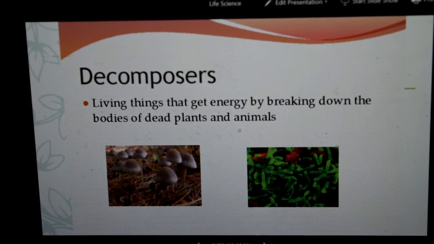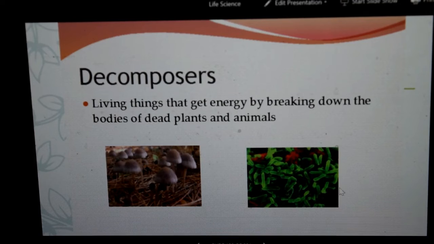That sounds gross, but it's very important because that's how everything decays and rots. We need decomposers to basically eat the dead plants and dead animals. This can include fungi, but it's lots of little microorganisms that you can hardly see as well. Those are decomposers.